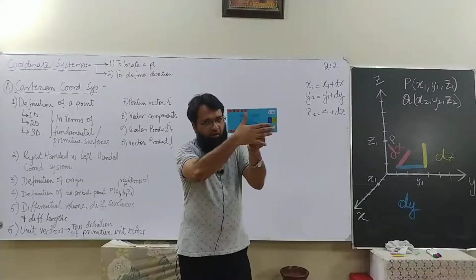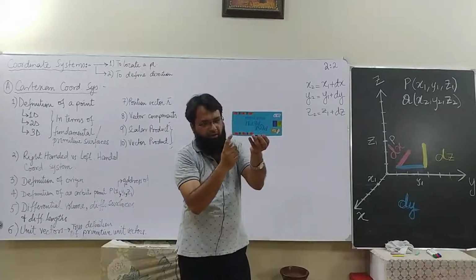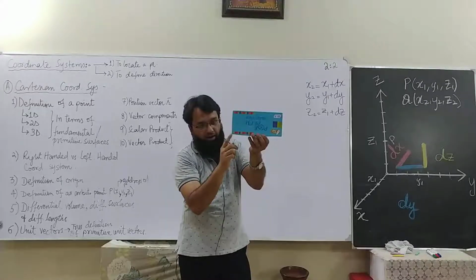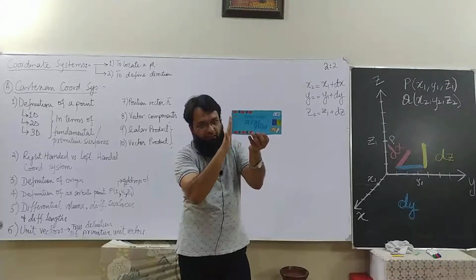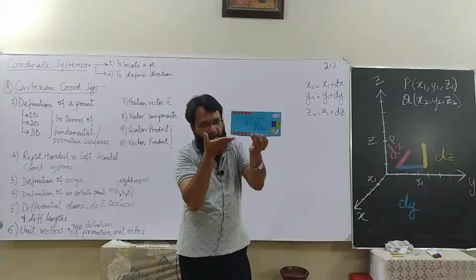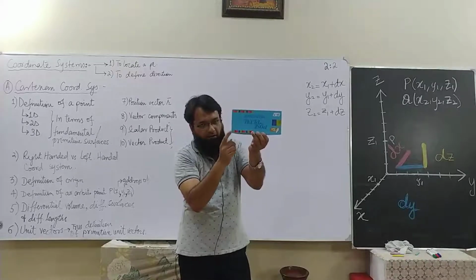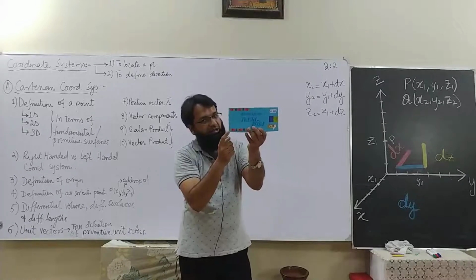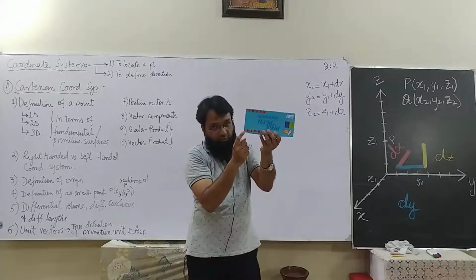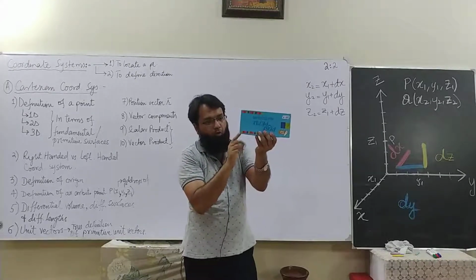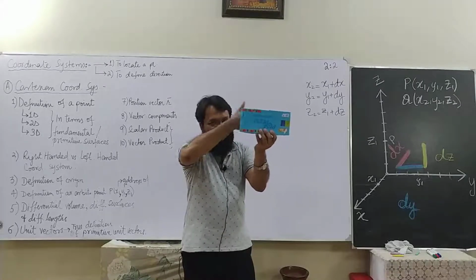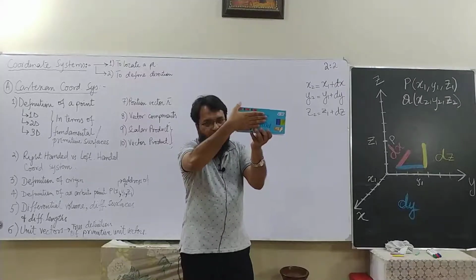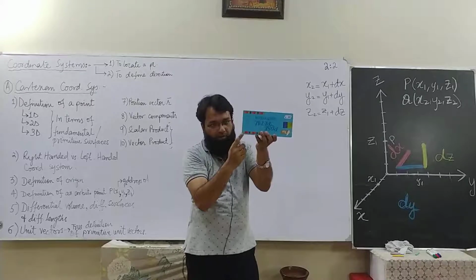But we are still sharing the same y equals y1 plane and z equals z1 plane. Even though we have moved to this point, we are still sharing the y equals y1 and z equals z1 planes. Only the flat x equals x1 plane has been changed to the x equals x2 plane now.